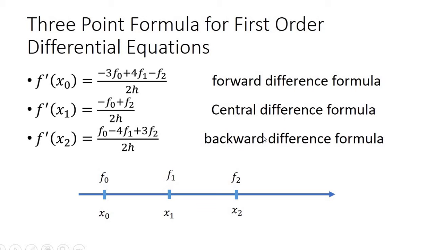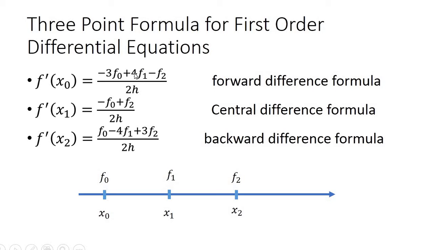Now for example, if you are computing the backward method, you are applying these, and the backward. So this is your f of 2, and you want to use f of 0 minus 4 f of 1 plus 3 f of 2.